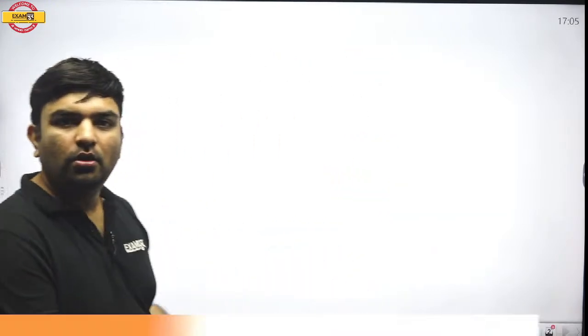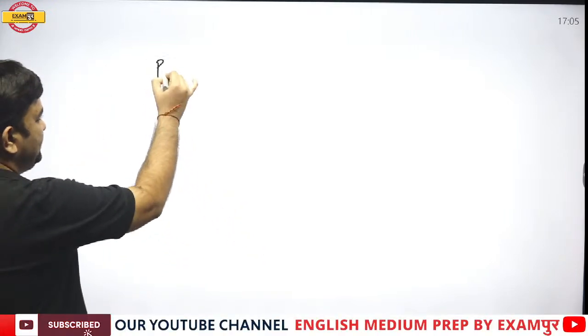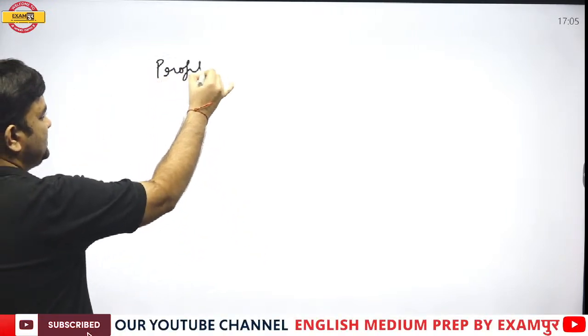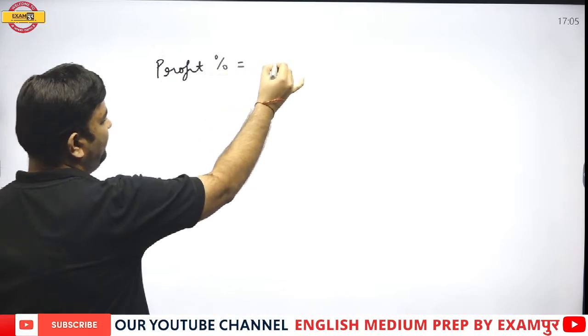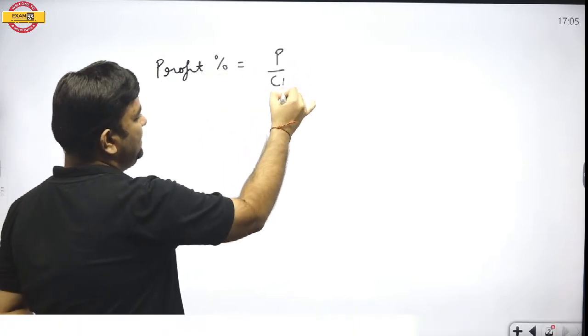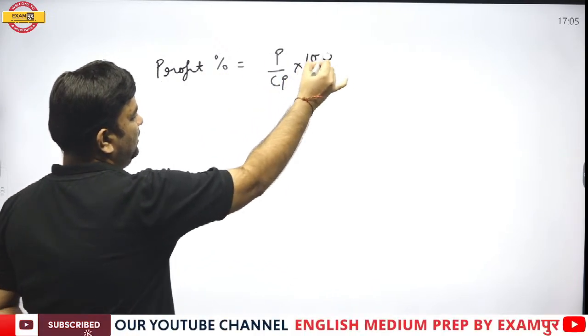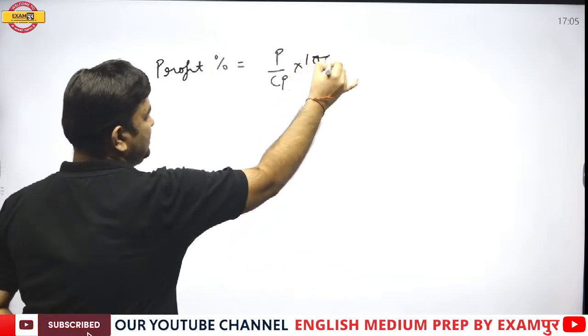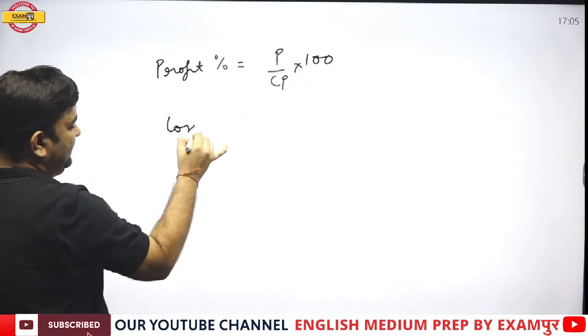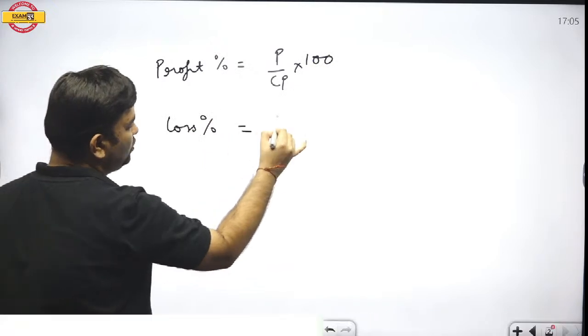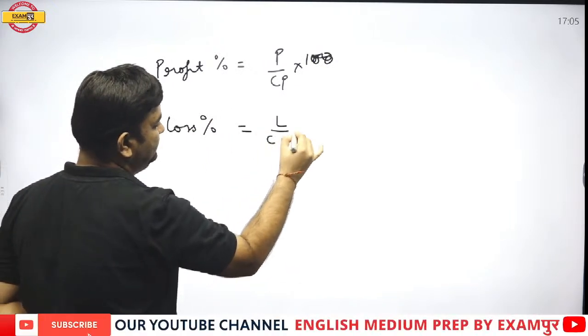Now, what is profit percentage? Profit percentage is profit over CP into 100. What is loss percentage? Loss percentage is loss over CP into 100.